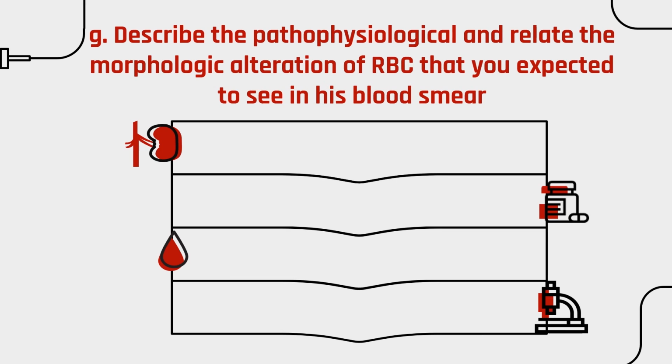Describe the pathophysiology and relate the morphologic alteration of RBC that you expect to see in his blood smear. As stated in the patient's history, he has chronic renal failure, which indicates the kidney failed to function normally.